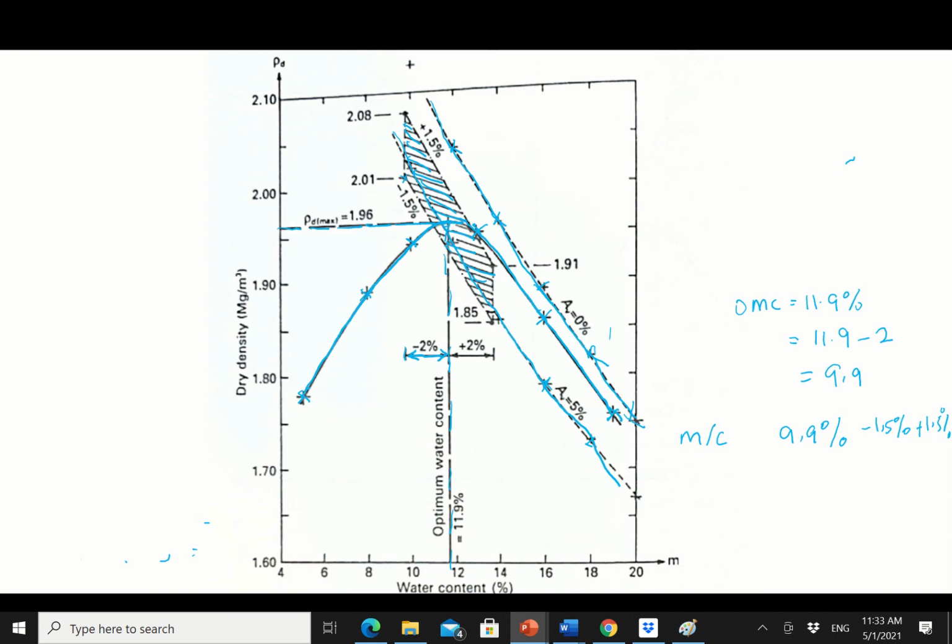Okay, because we already determined the air void content at maximum dry density is equal to 4.1%.